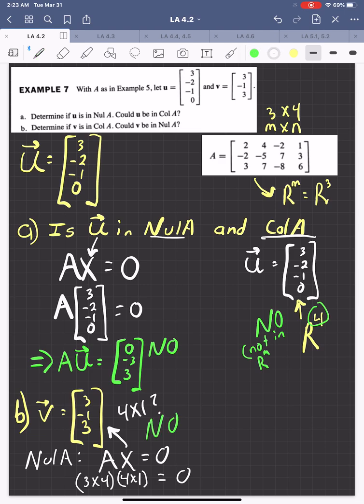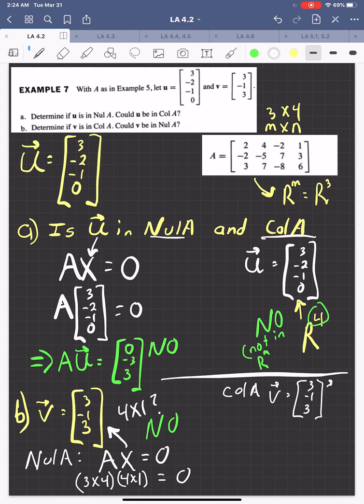All right, what about the column space? Well, first off, again, look at V. 3, -1, 3. So what space is vector V in?